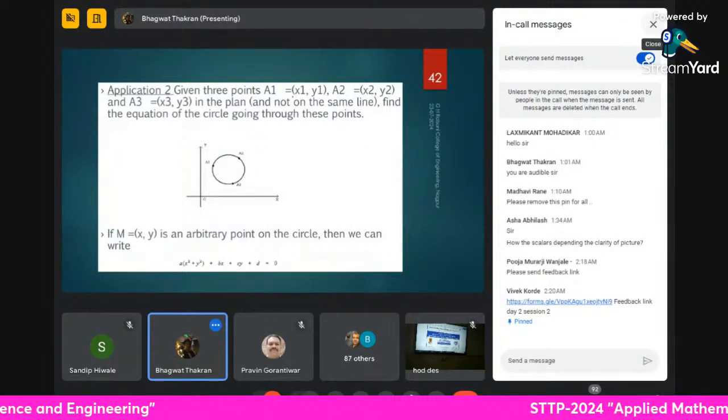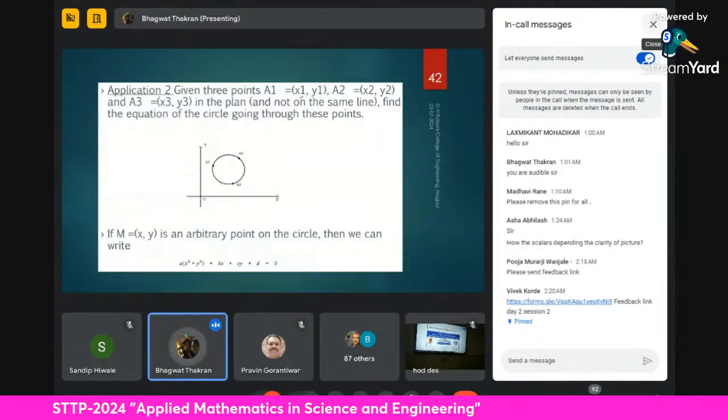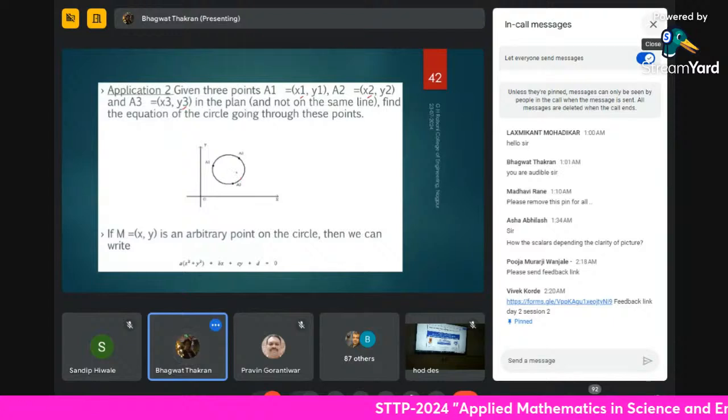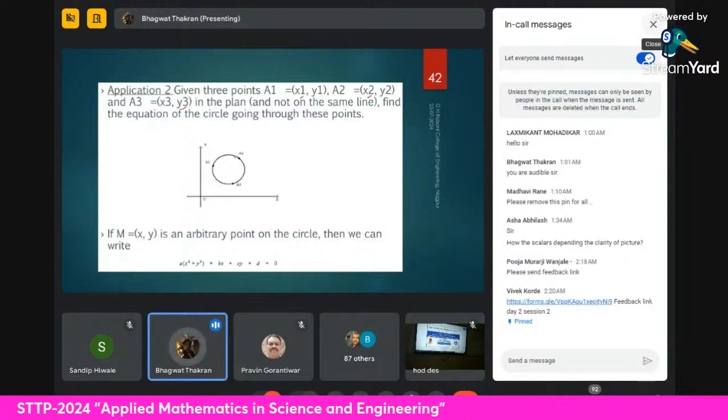Suppose we have been given a circle lying in a space and there are 3 points x1 y1, x2 y2 and x3 y3 on the boundary of this circle. But keep in mind that they are not the same point on the boundary of this circle. We don't know what the center is, we don't know what the radius is.